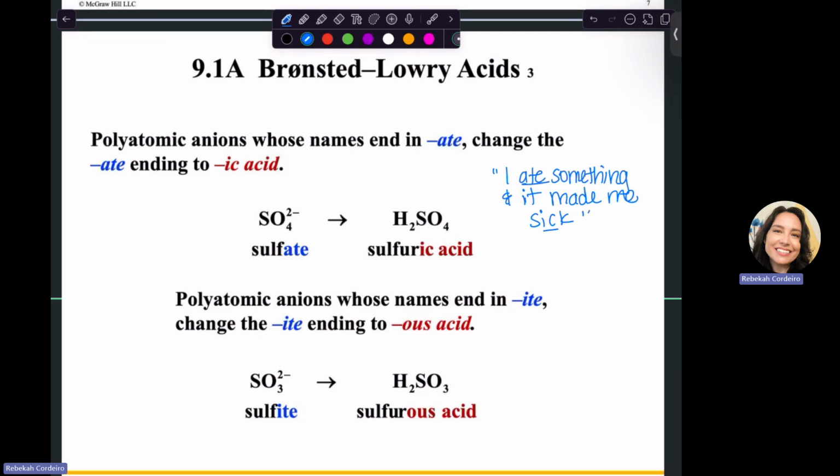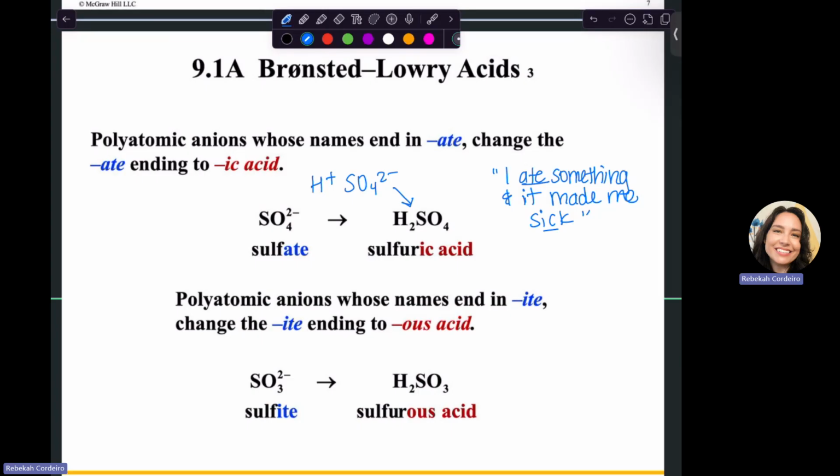Either way, whatever you want: ate, ic. So if the anion ends in ate, the name is sulfuric acid. And notice that the formula goes with just putting those two ions next to each other. You do your crisscross or whatever you need, like you're writing ionic formulas, with the charges balanced.